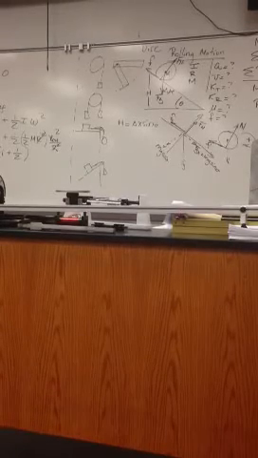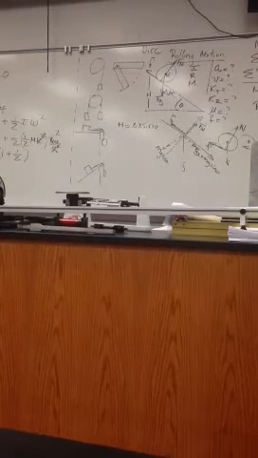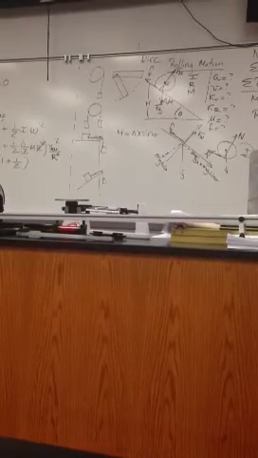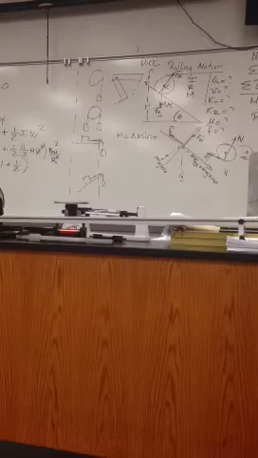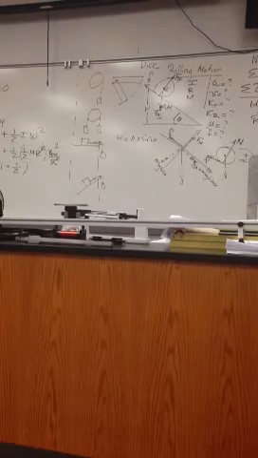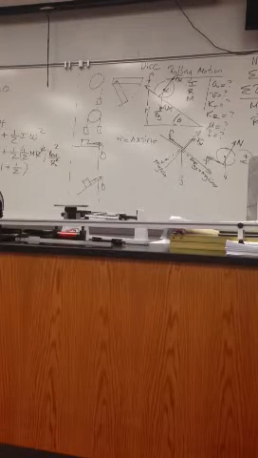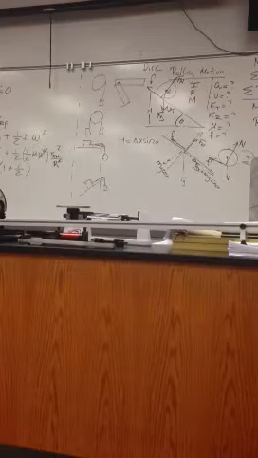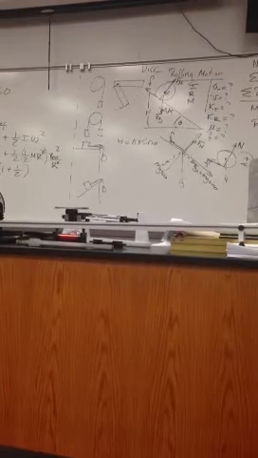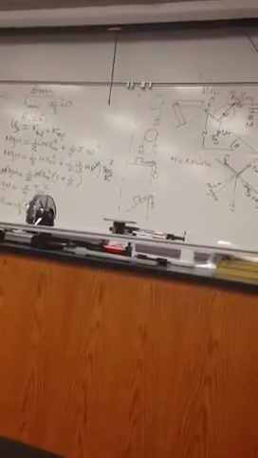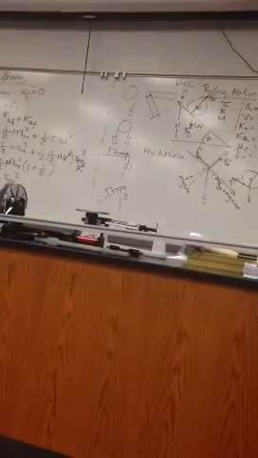So in question 18, if you see, I gave a solid sphere. Question 18, multiple choice. A solid sphere of radius r and mass m rolls without slipping down an incline as shown in the figure.